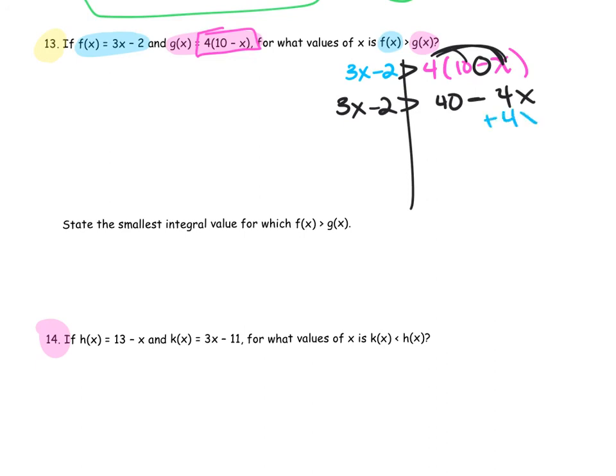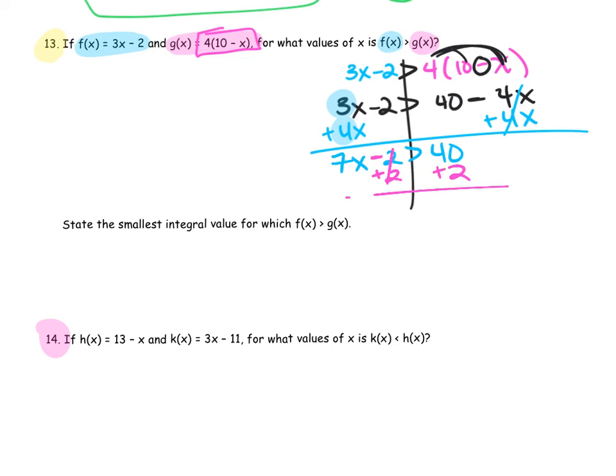So using the addition property of equality, I'm adding 4x to both sides. We have 3 plus 4 is 7. We keep the x. Minus 2, I'm just rewriting. And we're going to get x by itself, so we're still getting there. We need to undo the subtraction here by using addition. And now I have 7x is greater than 42.